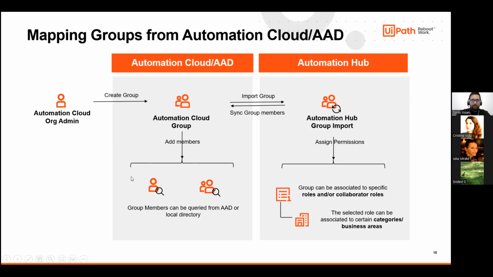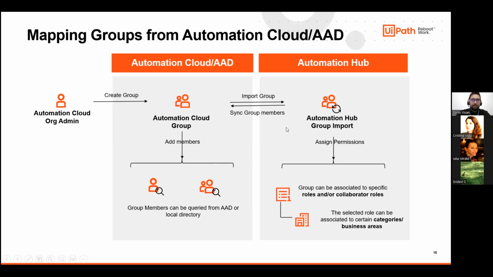Now, what happens between Automation Cloud and Automation Hub is that we actually import that group. We reference it in Automation Hub, and we sync the group members, which means that if that Automation Cloud group gets imported into Automation Hub, then all the users in there, including the local users or the ones from AD, will have access to Automation Hub.